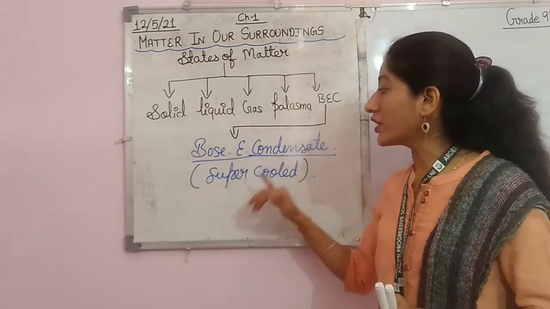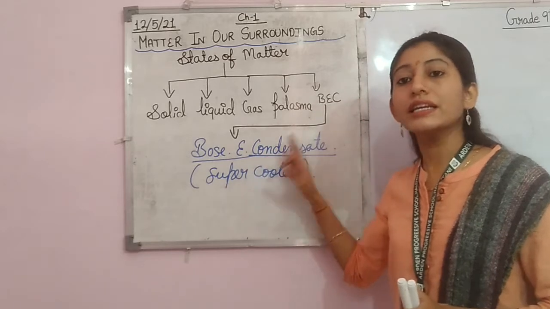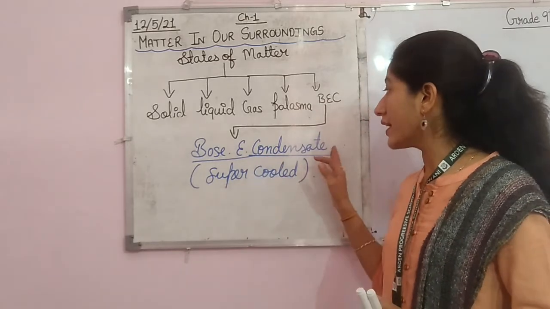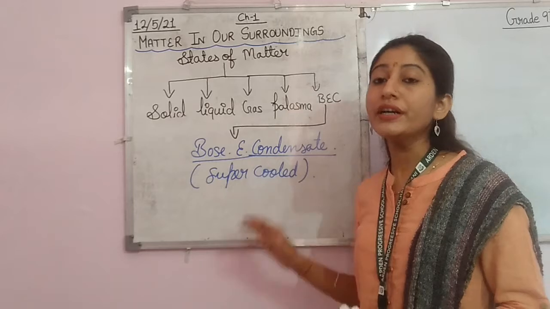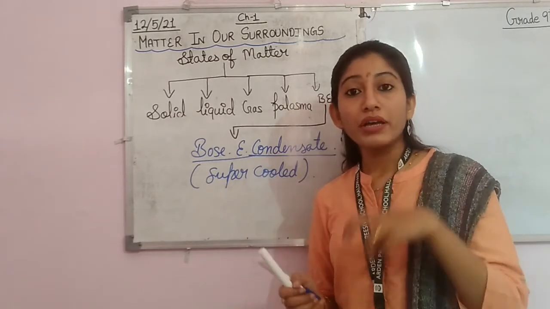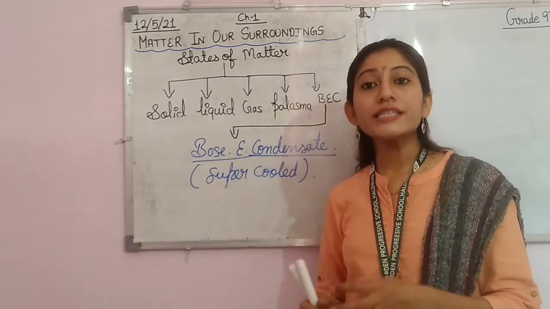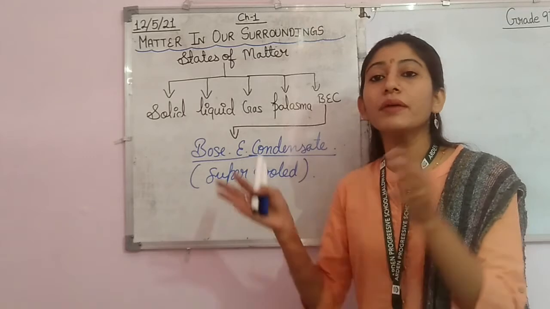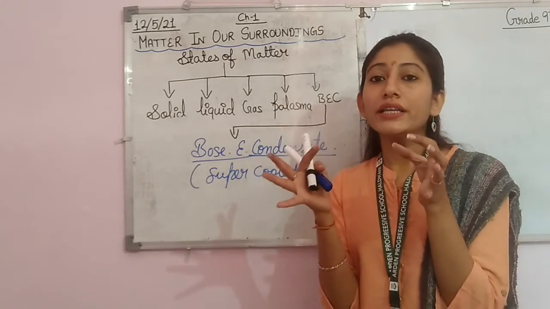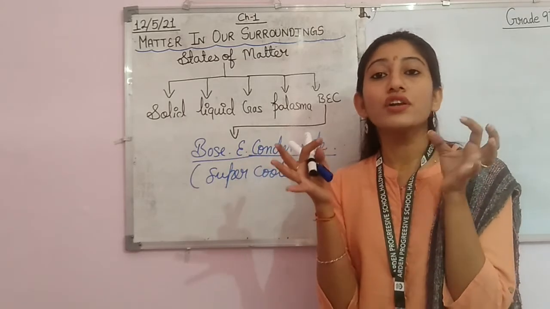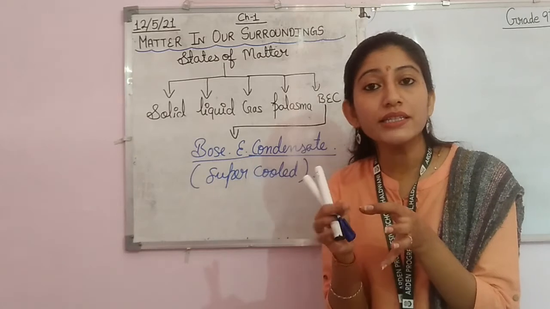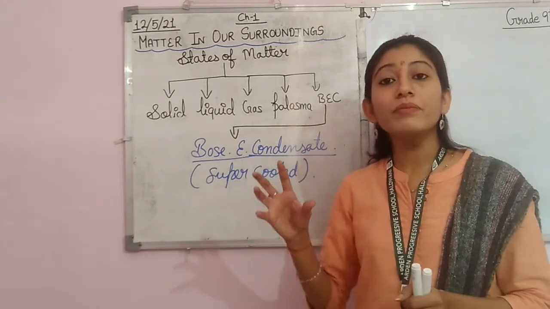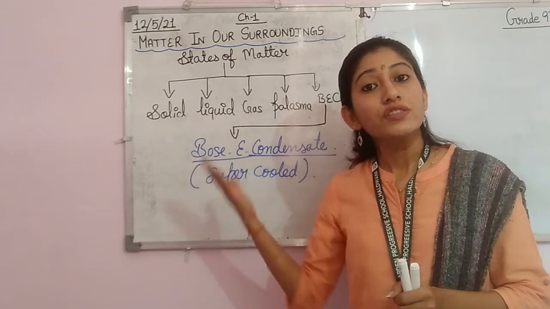So this is the state of the Bose-Einstein condensate, where the molecules of the gas are super cool, and due to that super cooling they come together, become very close, lose their individual identity, become one mass, and become much harder than solids.